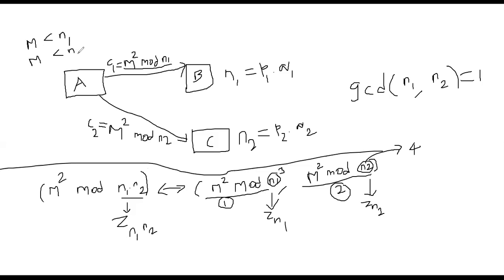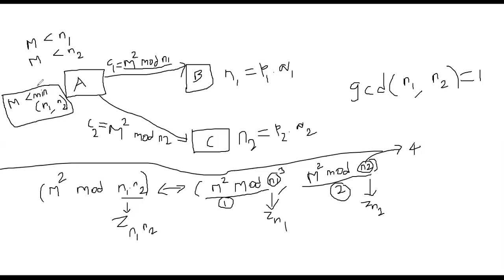In fact, M has to be smaller than the minimum of N1 and N2. Otherwise, we cannot encrypt the message M with the Rabin encryption scheme. So we do know that M has to be smaller than N1 and N2.